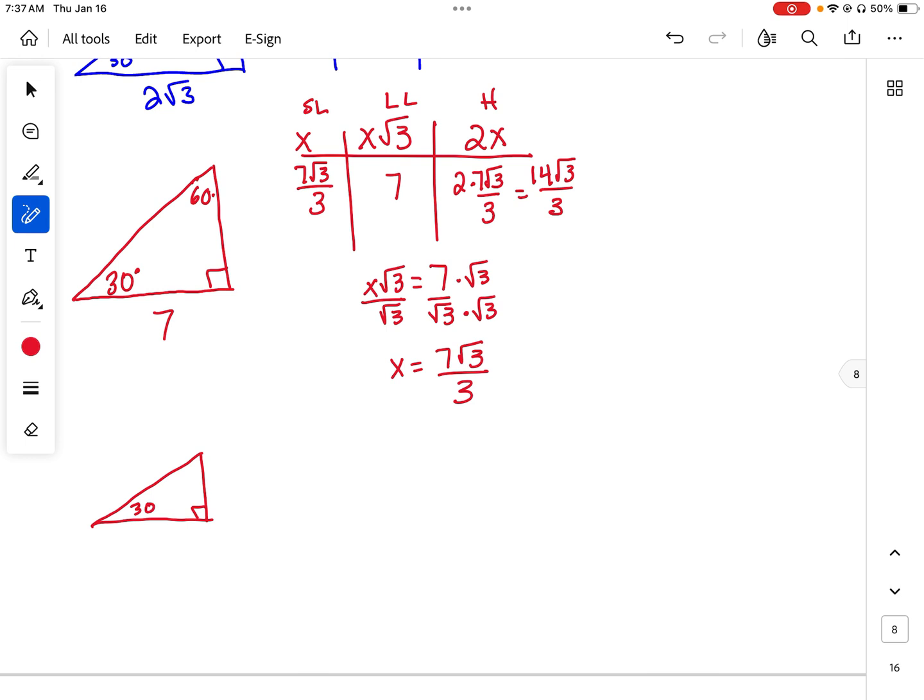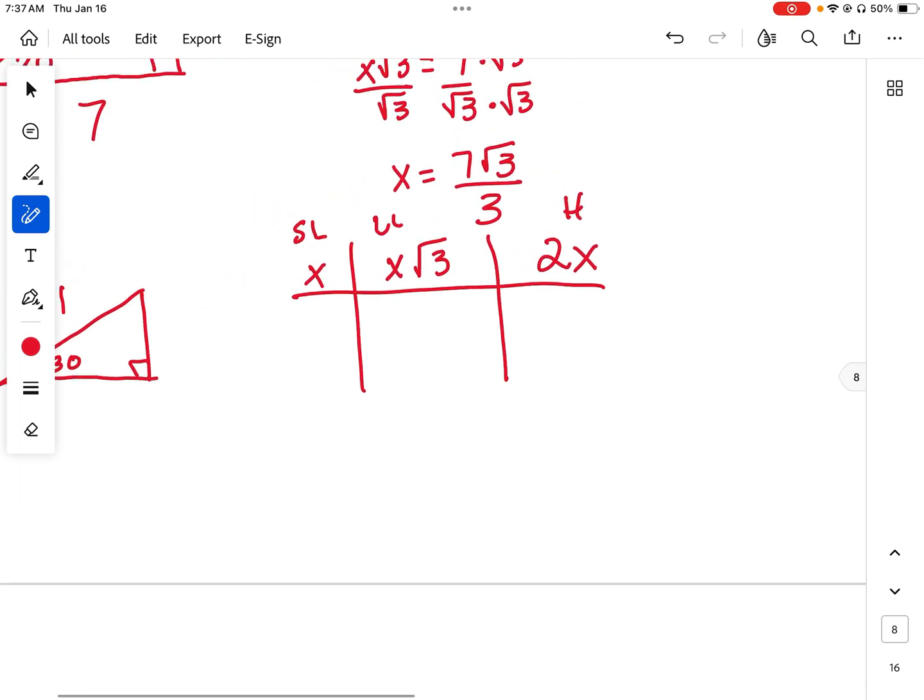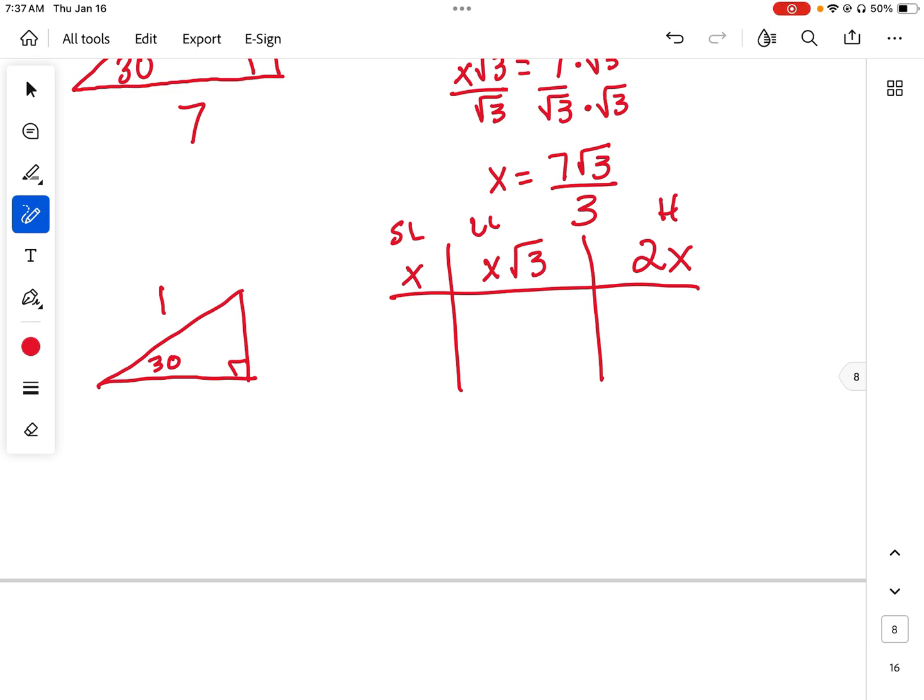This time we are going to be given the hypotenuse. Hypotenuse is going to be 1. So x square root of 3 is long leg. Hypotenuse is 2x. Short leg, long leg, hypotenuse. It says hypotenuse is 1, so we say 1. Now we've got to solve.